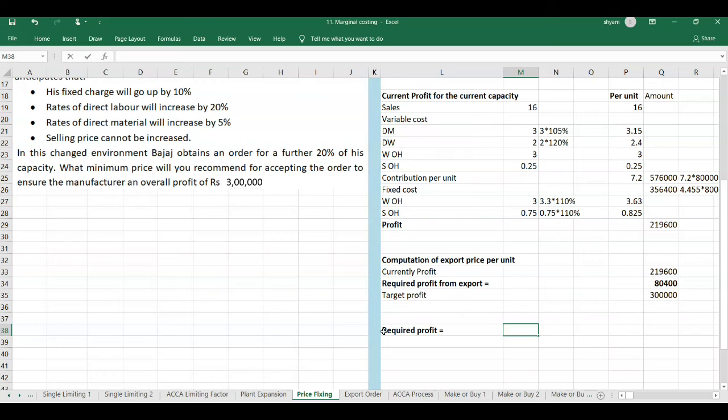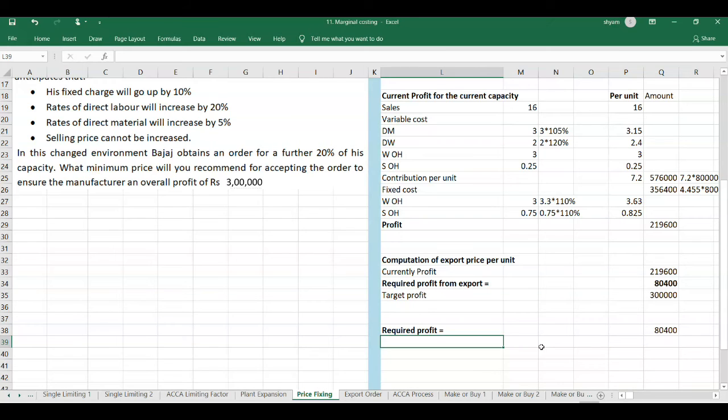See, the company has already, they will put here the required profit is 80,400. Already the company has recovered its fixed cost. So the only thing that they require now is to recover the variable cost.